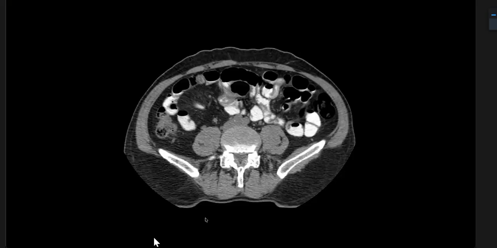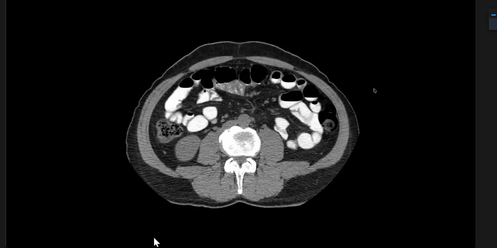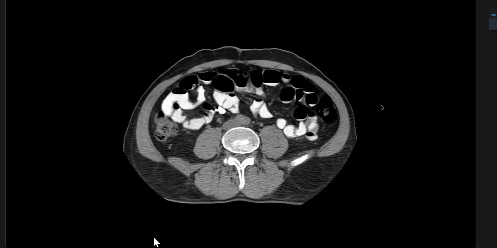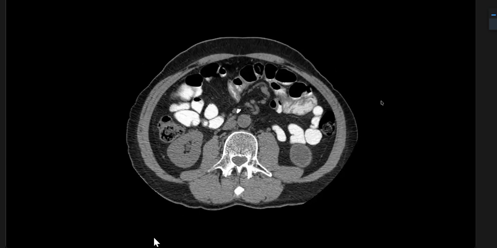Let me share the remote control. The patient is complaining of long-standing left flank pain.